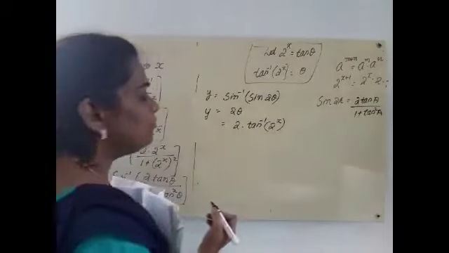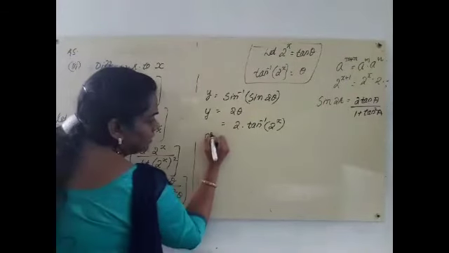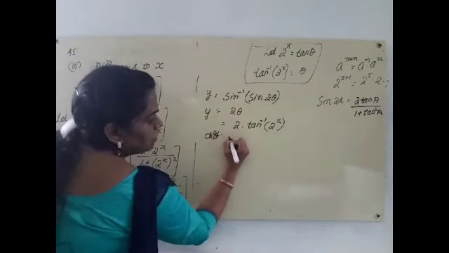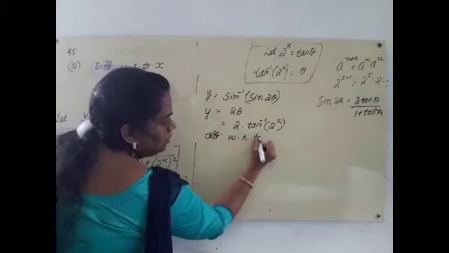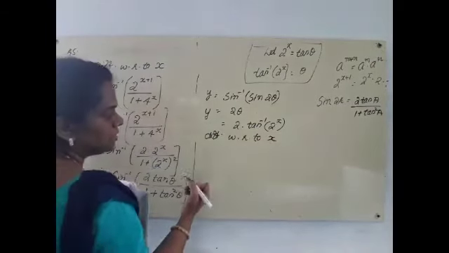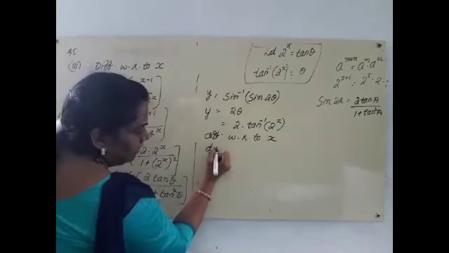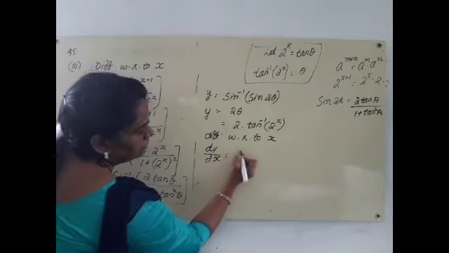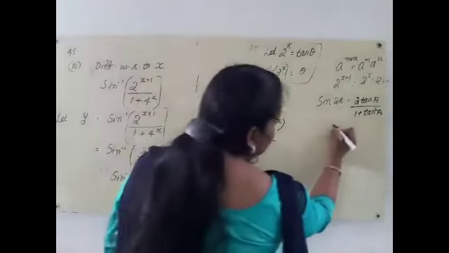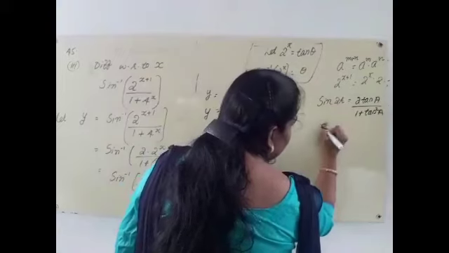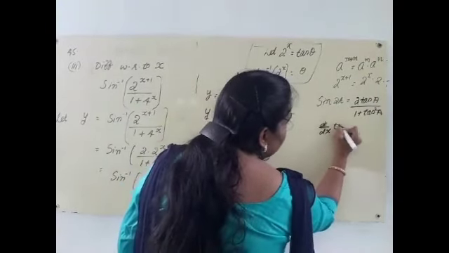Now we can differentiate this with respect to x. Then dy by dx is equal to 2 into, tan inverse 2 is a constant number. What is the derivative of tan inverse x?